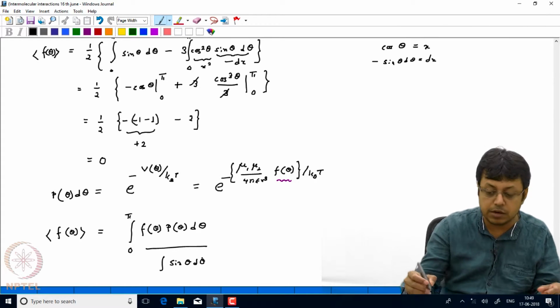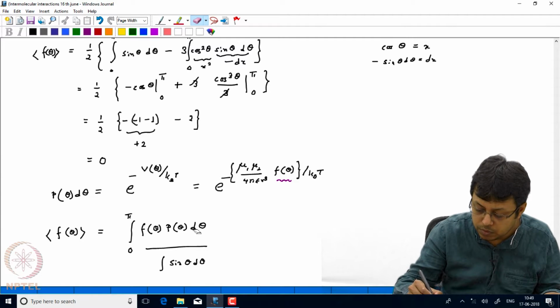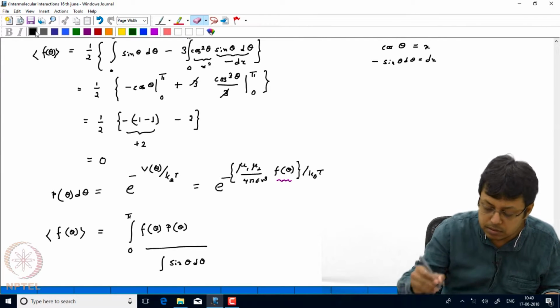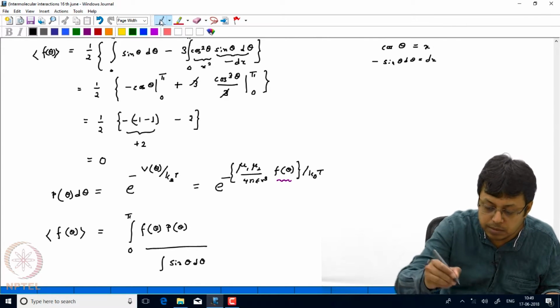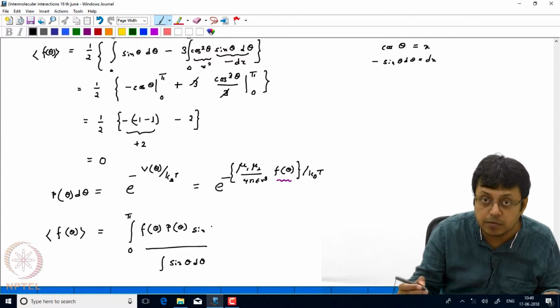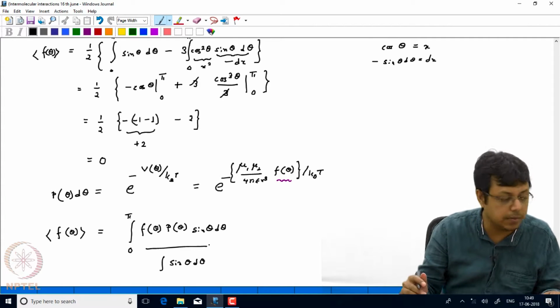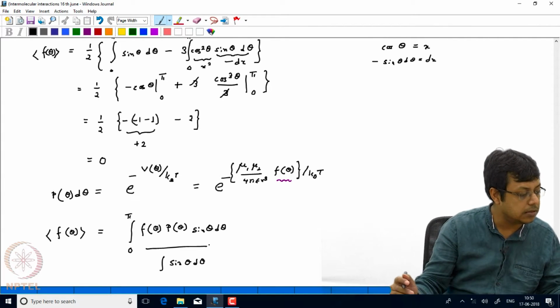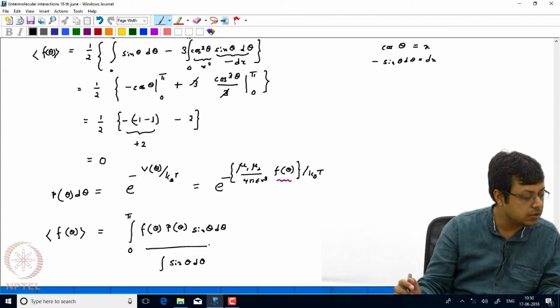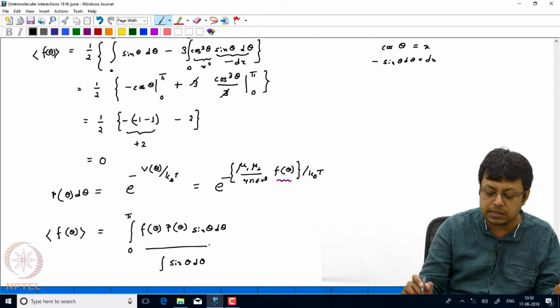And again, instead of p theta, we will have p of theta times sin theta d theta, because remember that that is the spherical polar volume, and then we are integrating it like this. In this case, I am doing a probability integration.